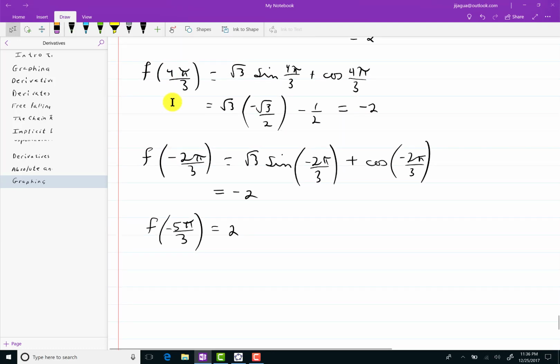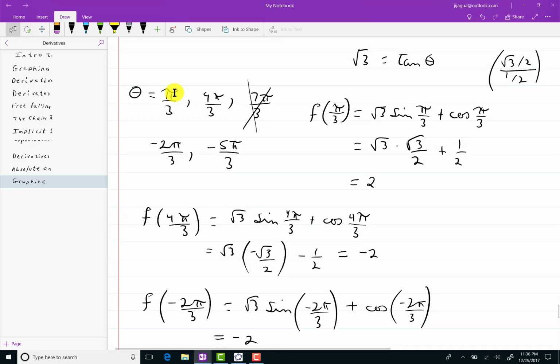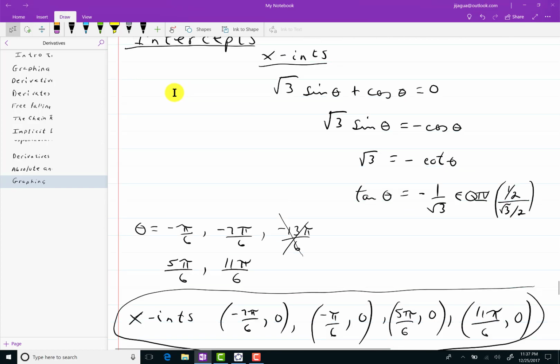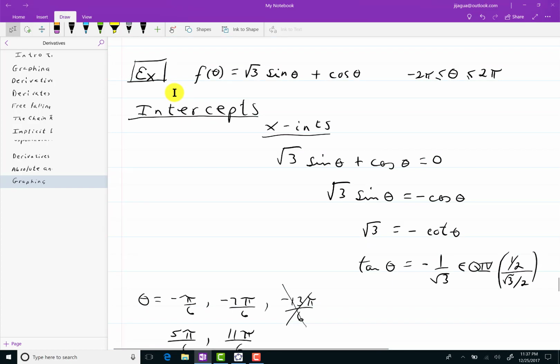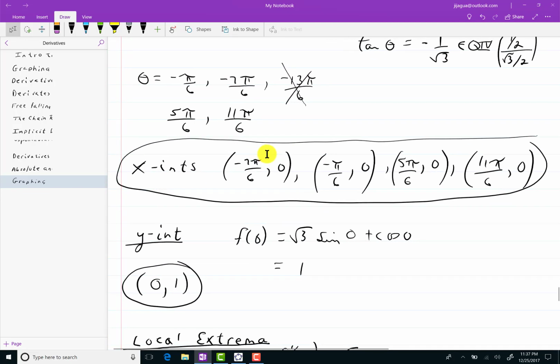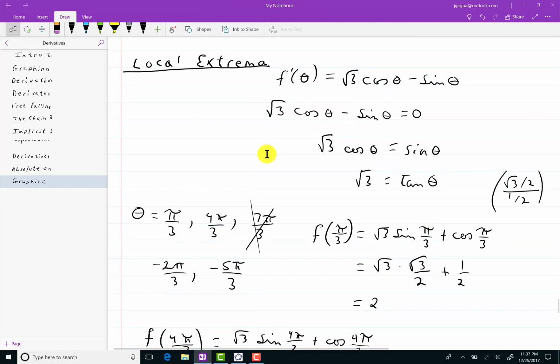The only thing I'd have to check is the endpoints, which is at 2 pi and negative 2 pi. If you plug in negative 2 pi or 2 pi, in both cases, f of that will be 1. So 2 is the highest possible value, and they're all local extrema as well.